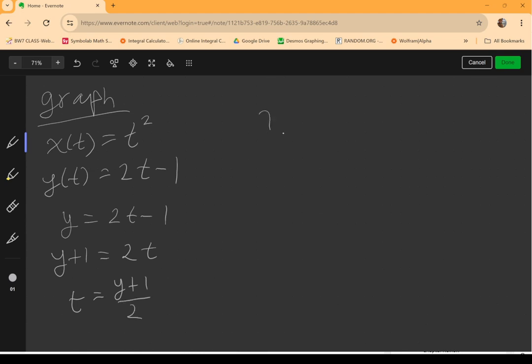Now I'll go into my x, and no longer in terms of t, it'll strictly be in y and x. For t, I'll plug in (y plus 1) over 2, squared. Doing a little simplification, 2 squared is 4 in the denominator, so we get 1/4 times (y plus 1) squared.